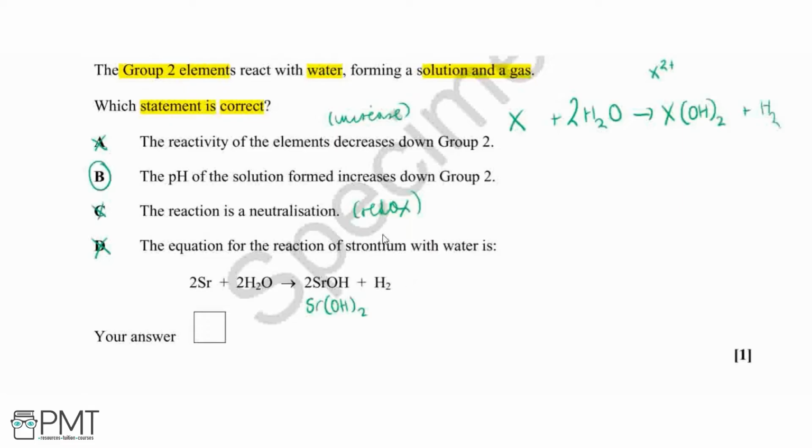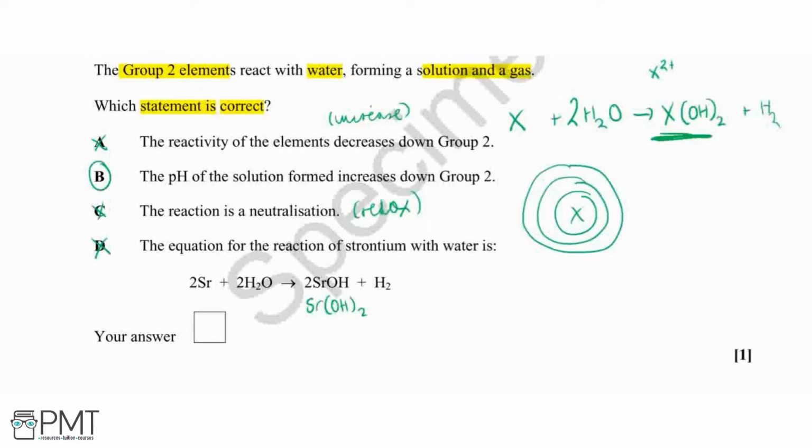Therefore our correct answer is B, and the reason why this is correct is because when we produce this hydroxide with our group 2 element, as we go down the group, as I mentioned before, the atomic radius is going to increase as we have an increased number of electron shells.